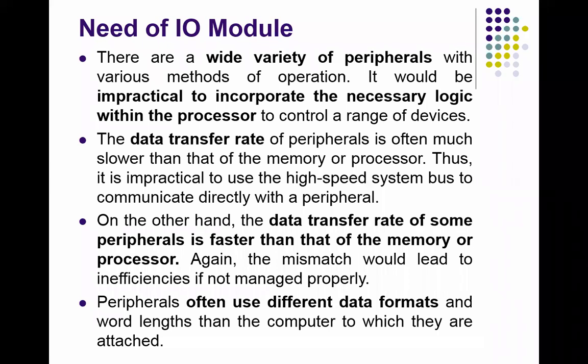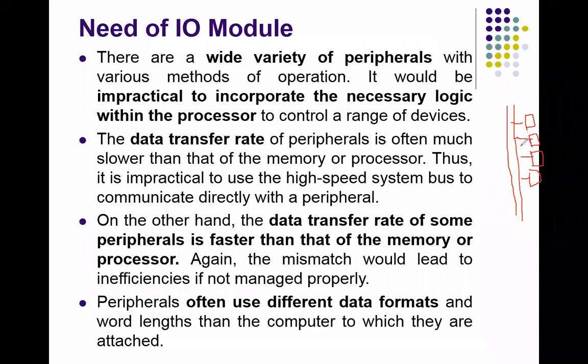You will not get the solution if you are only connecting all these devices using a high speed system bus. If you connect these multiple devices to a high speed system bus and think all the devices will work correctly, it will not work. Why? Because each device has a different data rate.